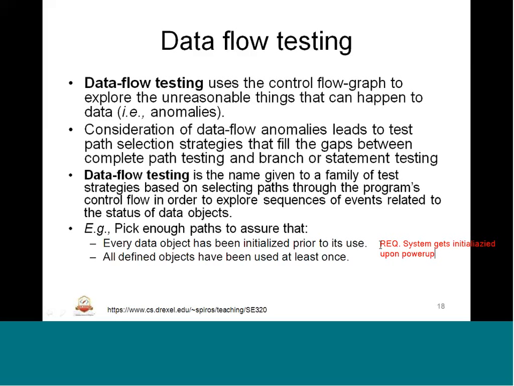So all the variables and the data that are part of the initialization function, the init function, will get initialized. So how do we do it? With the help of data flow, we check whether that initialization is done for each of the intended data. It could be a variable or anything.